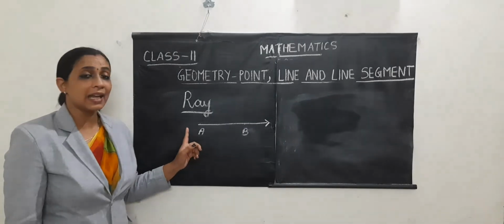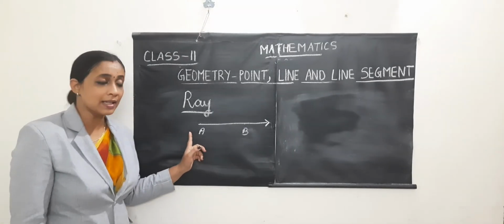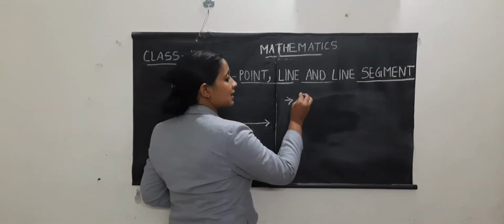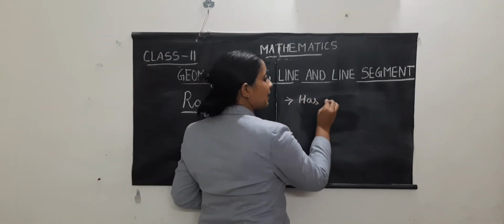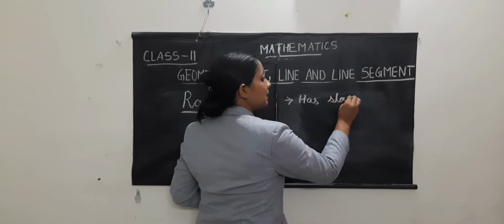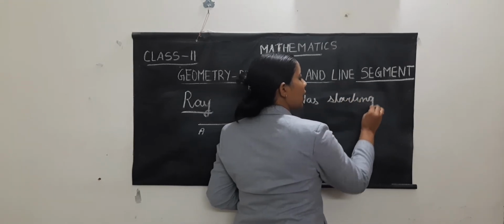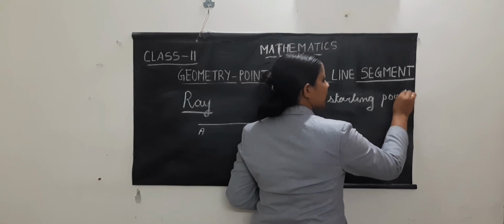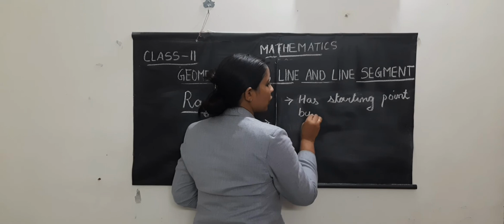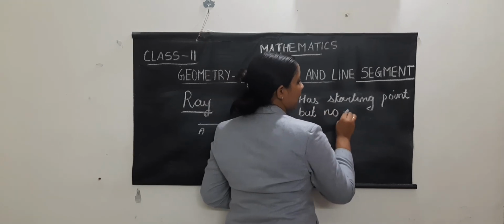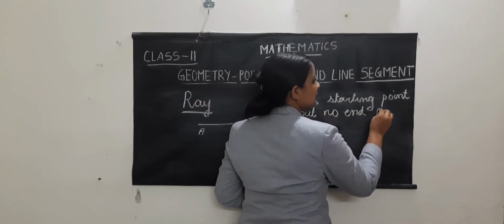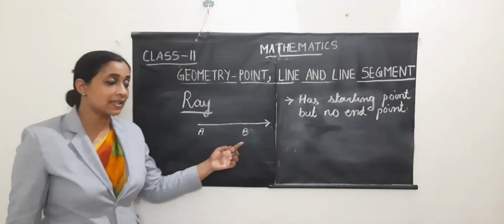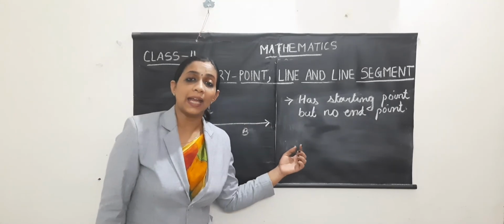A ray has a starting point but no end point. Why? Because it is extending endlessly in one direction, that's why it does not have an end point.